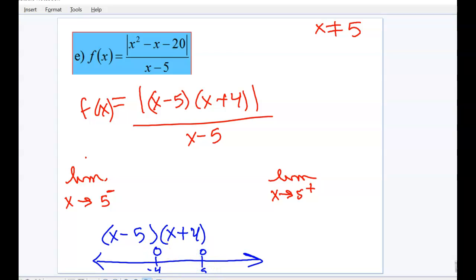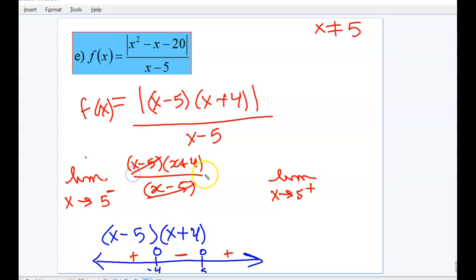Again, if I was to put in negative 5, they would both be negative, so the product would be positive. If I was to put in 0, it would be negative and positive, and 6 would be positive, positive. So when I'm finding the limit as x approaches 5 from the right, I'm going to use the positive branch of my absolute value. So this is going to be x minus 5 times x plus 4 over x minus 5.